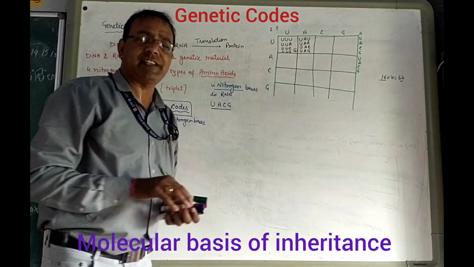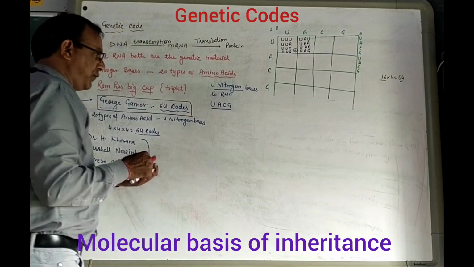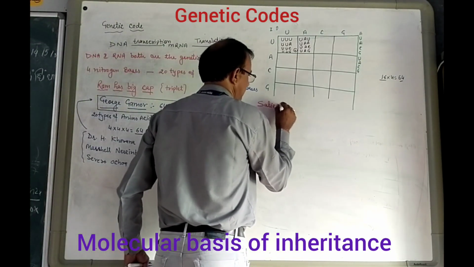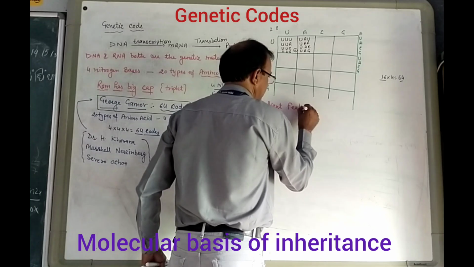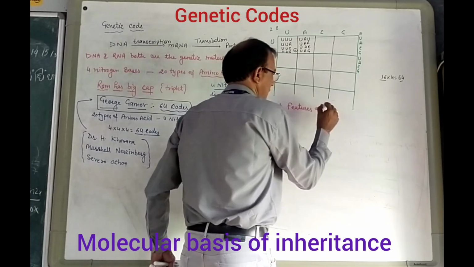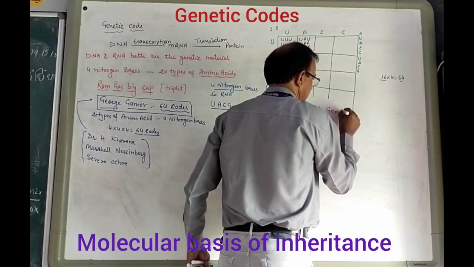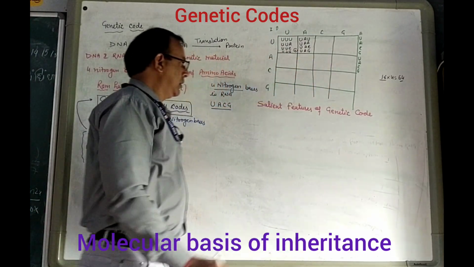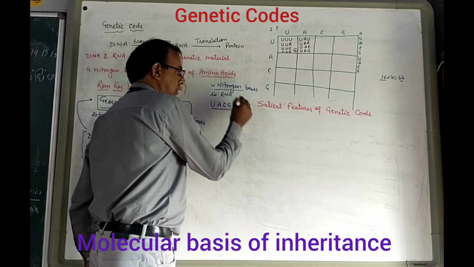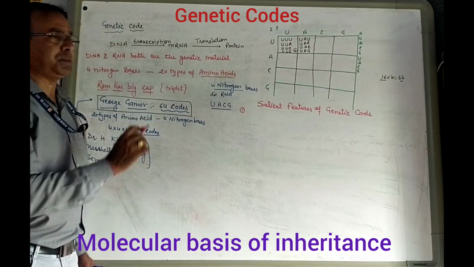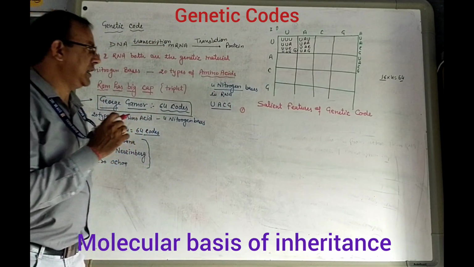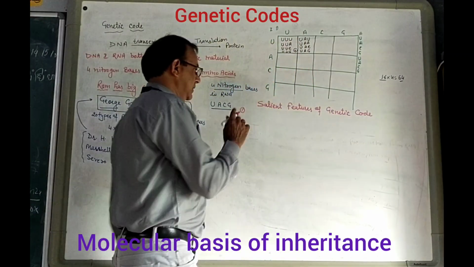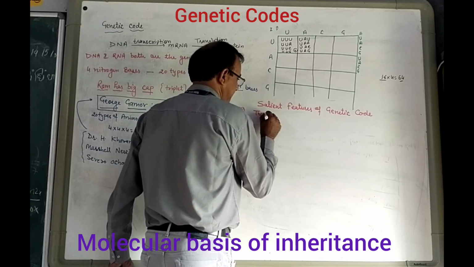Next, what are the salient features of the genetic code? The first one is that there are 64 codes present. There are 64 genetic codes which represent the amino acid.